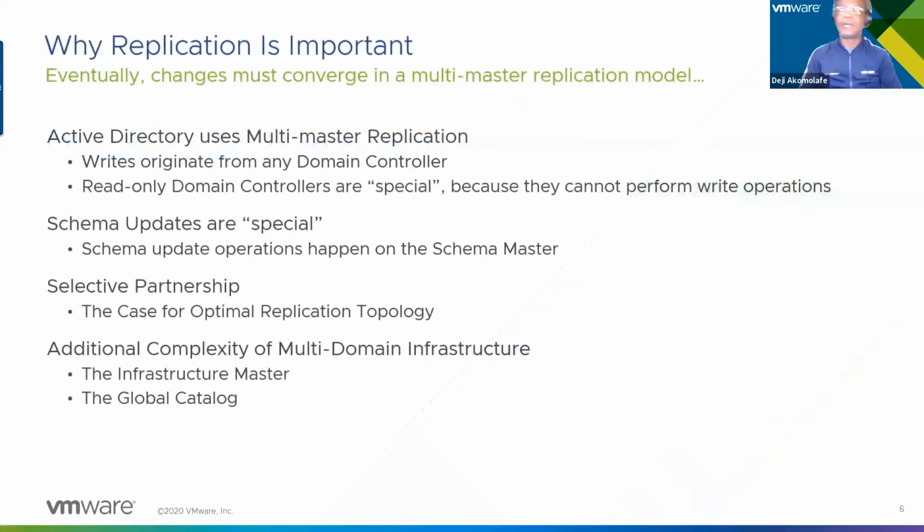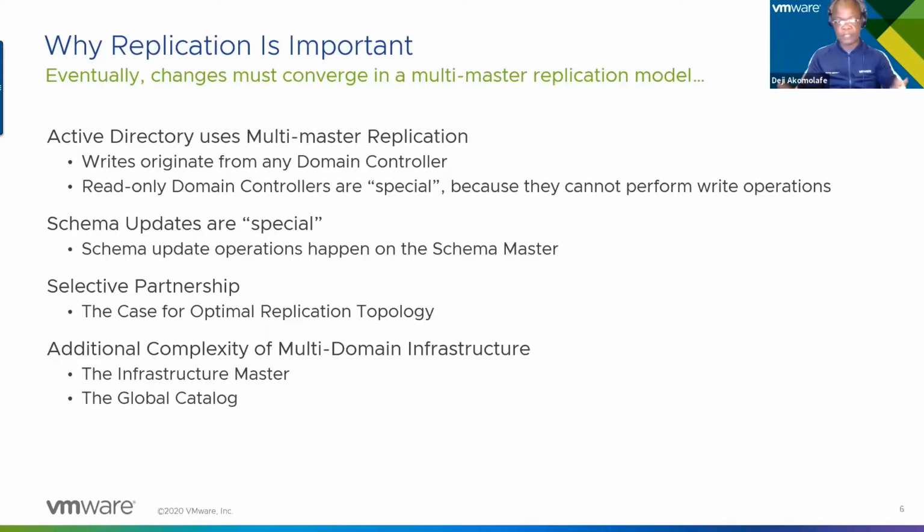Thank you, Matt. Hello, everybody. As Matt mentioned, this is not an Active Directory class, but in order to contextualize what we're going to be talking about for the rest of this session, let's do a quick intro on how the Active Directory components work together. Active Directory itself uses multi-master replication, where writes originate from one domain controller, except for the read-only domain controller.